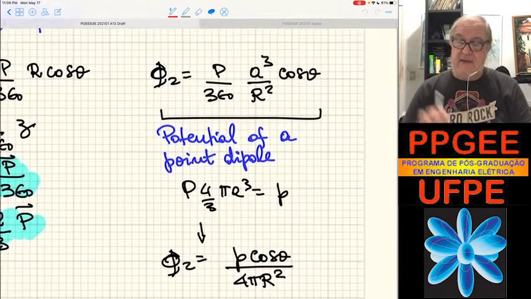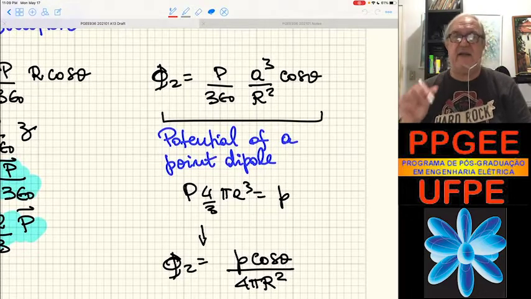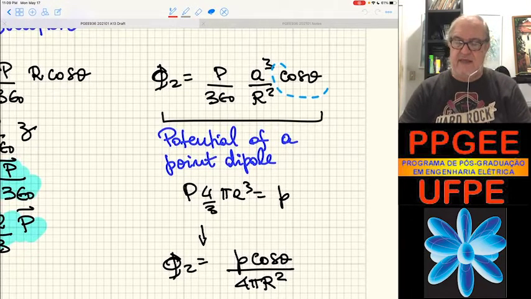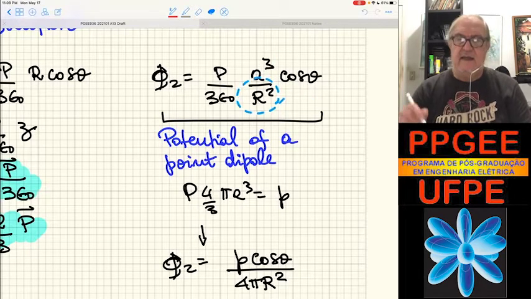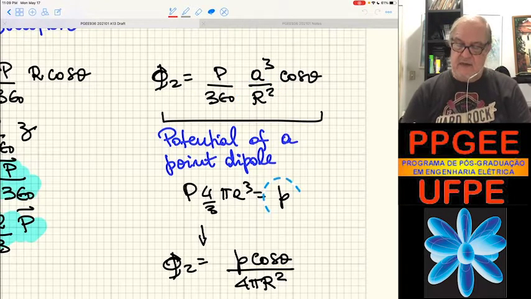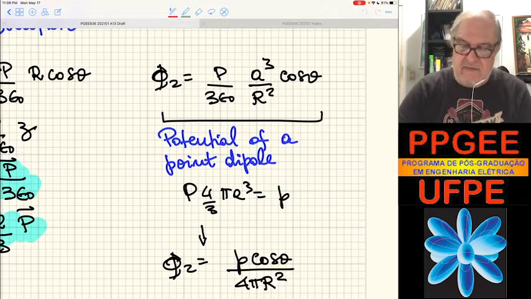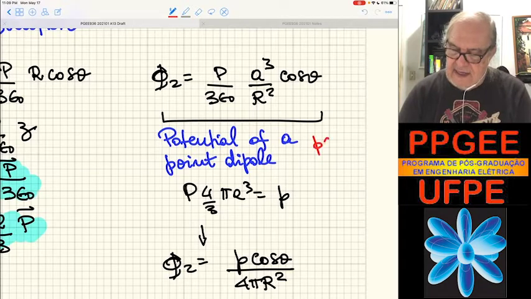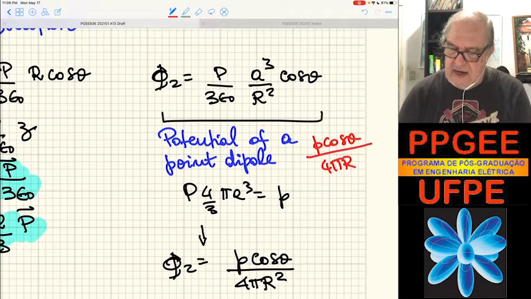And outside, what happens? We have a characteristic of a dipole field again, right? Cosine theta in the numerator, square of the distance in the denominator. So that means that we have a dipole. The dipole moment you can put in the form P cosine theta divided by 4 pi r squared.